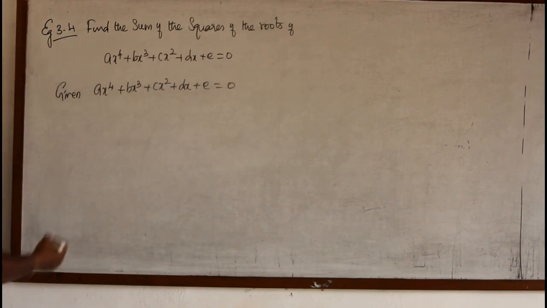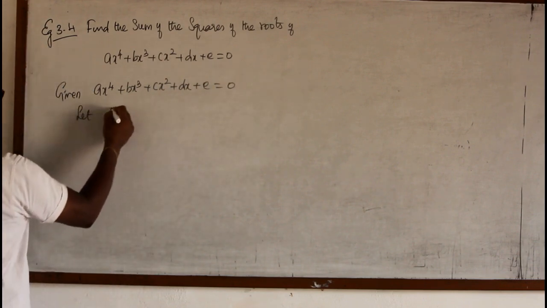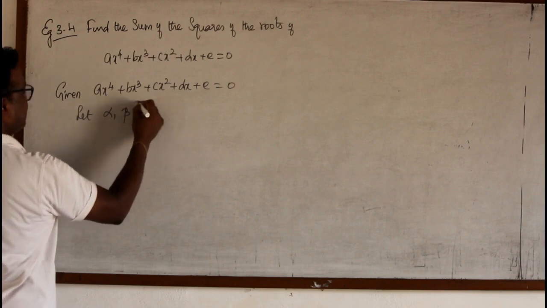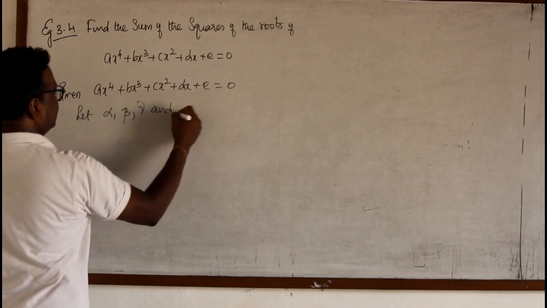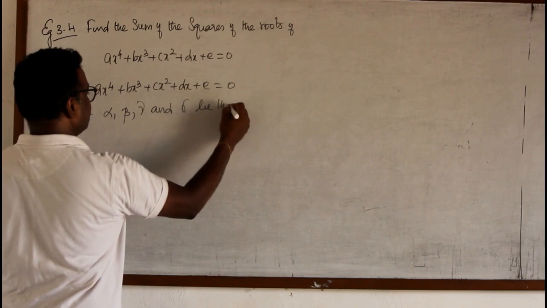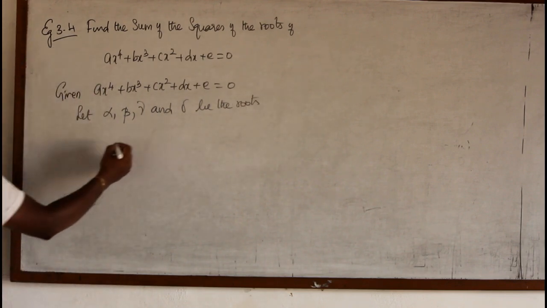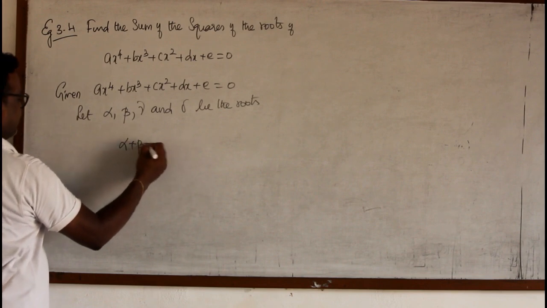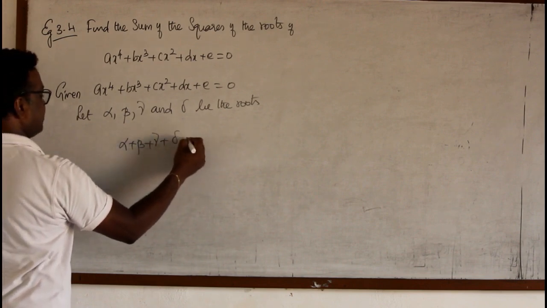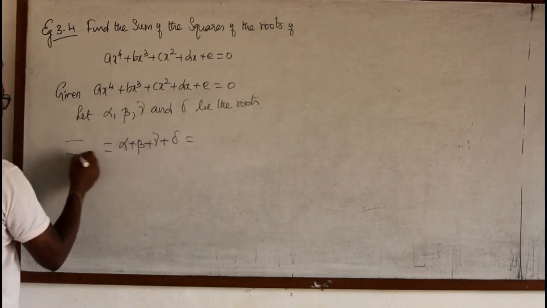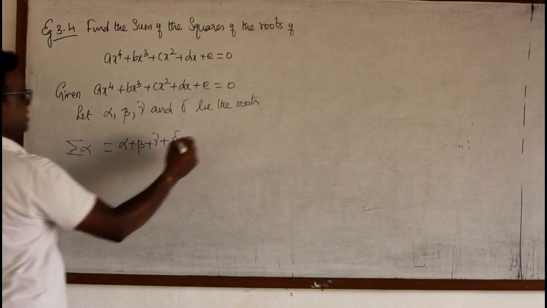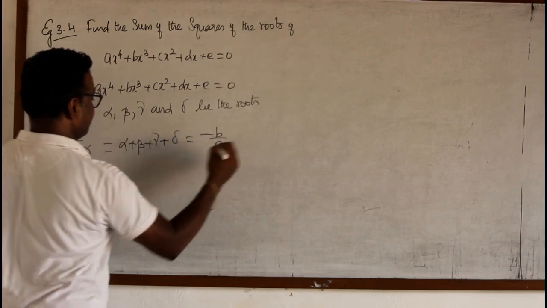Let the 4 roots be alpha, beta, gamma and delta. Then we know the sum of the roots is alpha plus beta plus gamma plus delta, which is the sum of single roots. All the single roots, it is minus b by a.